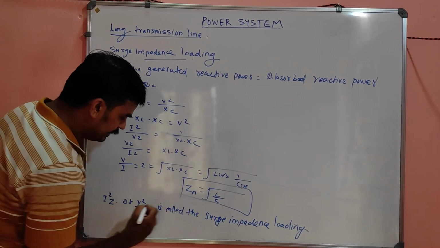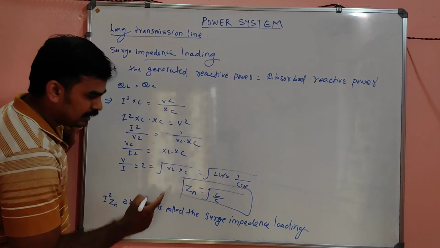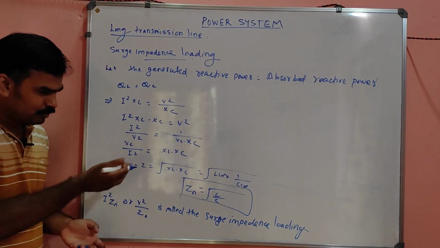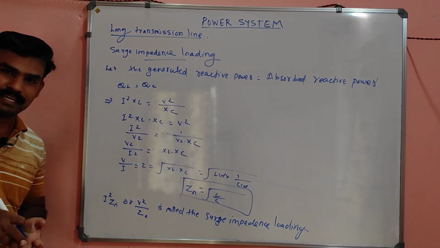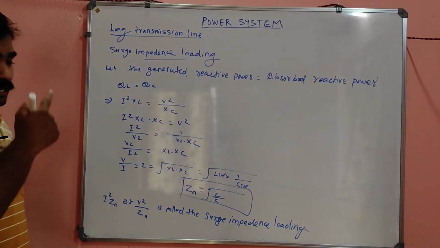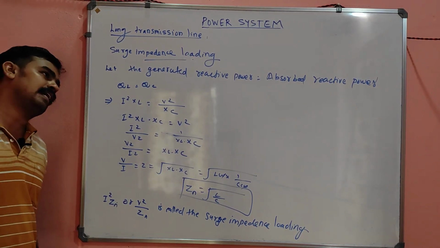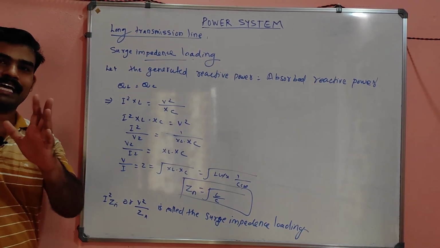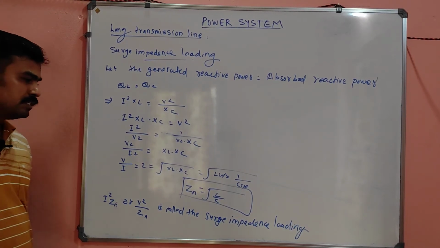You can represent it as Zn. Because you already derived the characteristic impedance ZC, and from that you got the surge impedance or natural impedance, you can use Zn.